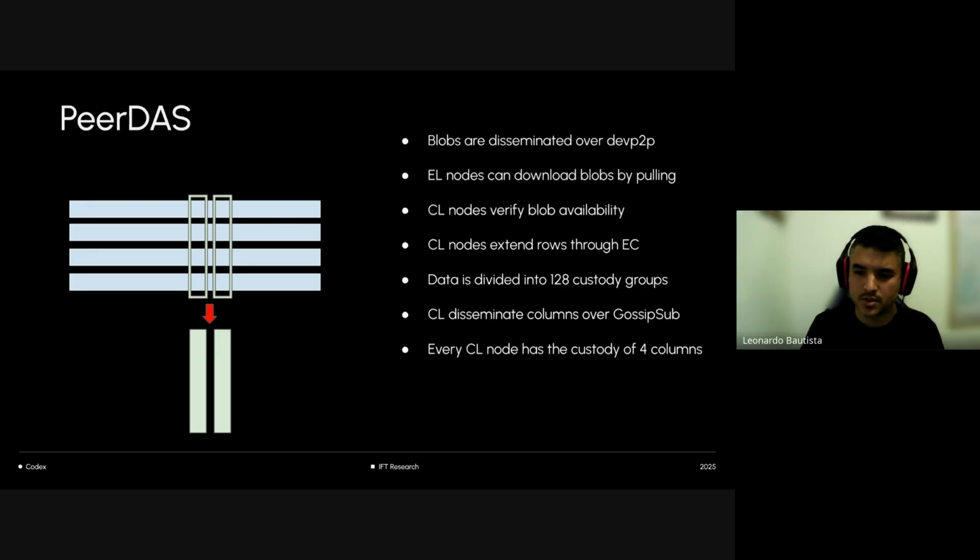Yes, absolutely. So this happens at the consensus layer client logic. This is not implemented in Gossip Sub. This is where you have to keep track of what are the nodes that are around you, what data they should hold, and keep track of those that provide data and those that don't.